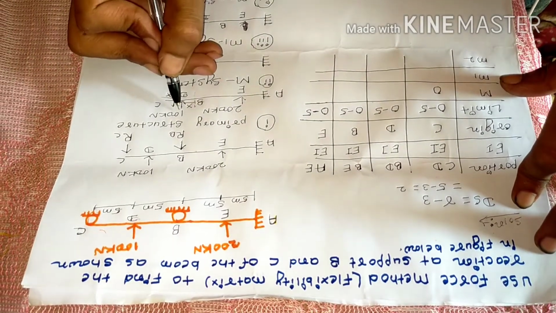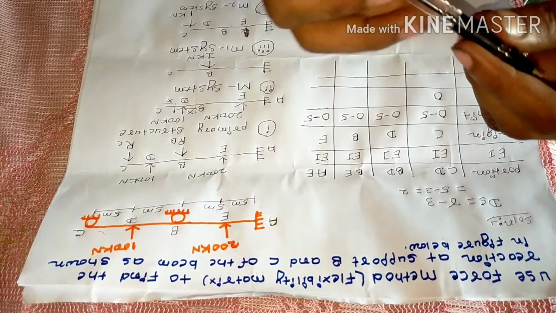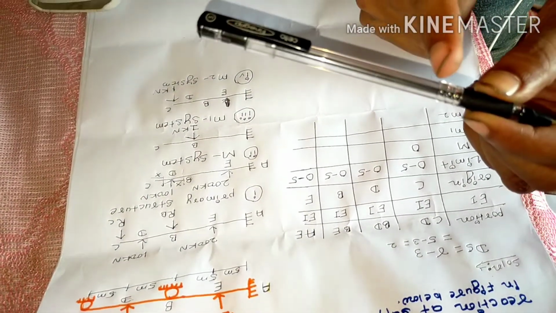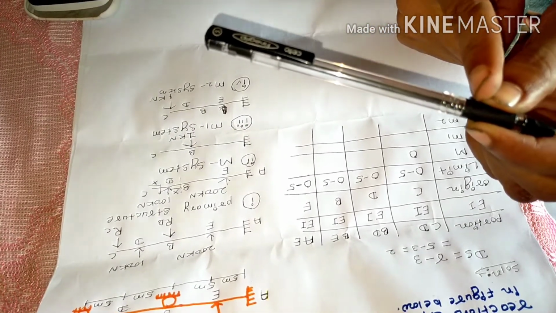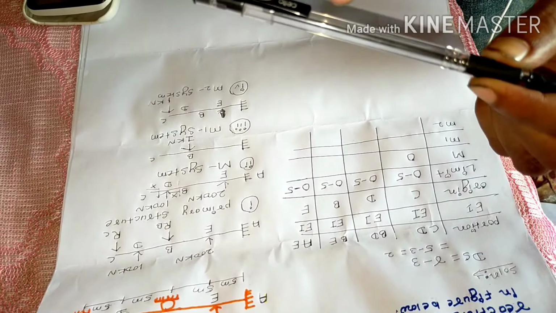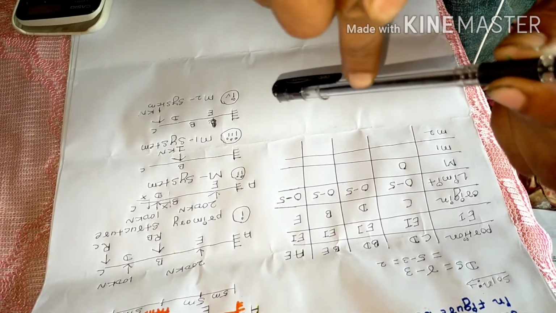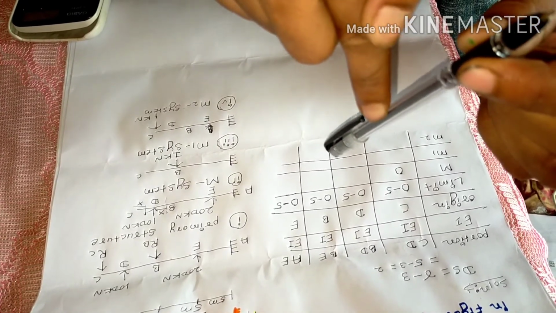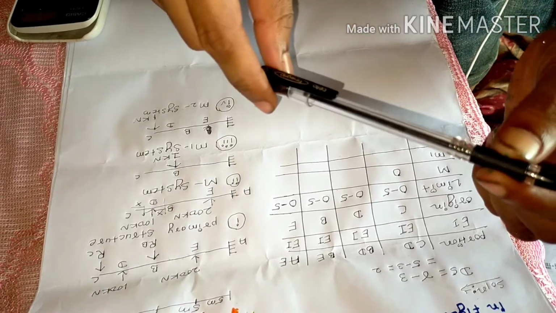Now this 100 kilonewton force, let us analyze through a figure. If this is point B and a section is taken at a distance of x from the origin D, this 100 kilonewton force will rotate this section in clockwise direction. You can memorize this as I show you.